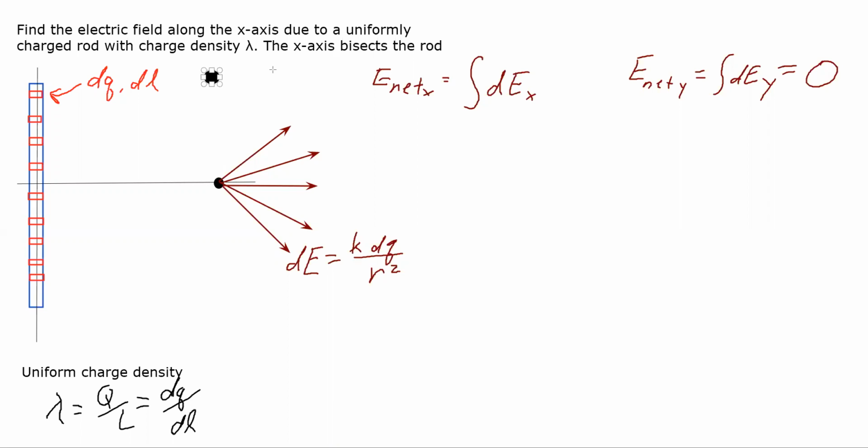No. If we're interested here, the electric field in the y direction does not cancel out. Only at this point does it cancel, because the symmetry is matched with our rod. If I look off center, the electric fields in the y direction will not cancel. So the electric field in the y direction here does cancel.